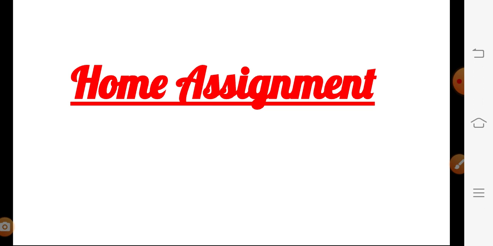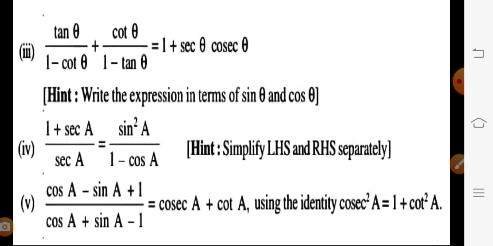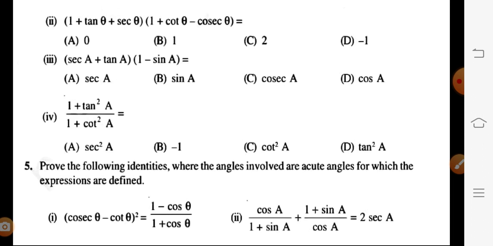Or you may solve both the sides and you will get the same answer, because these are truths and you will always get the same answer. Then on the basis of these, you have to solve some questions.